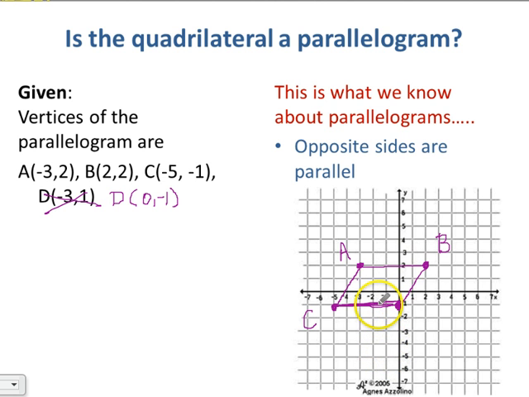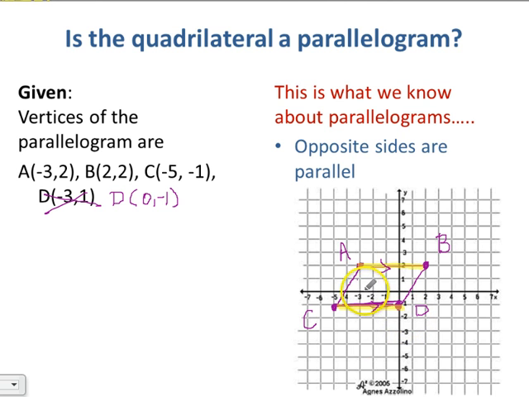So we know that opposite sides are parallel if it is in fact a parallelogram. So looking here, I'm looking at side AB and side CD, and those are both straight lines. They're horizontal lines. So we know that both of these are going to be parallel. But our sides AC and BD, are those parallel?